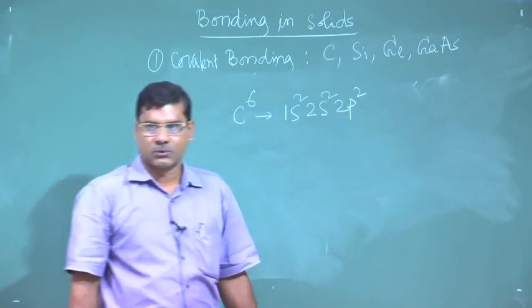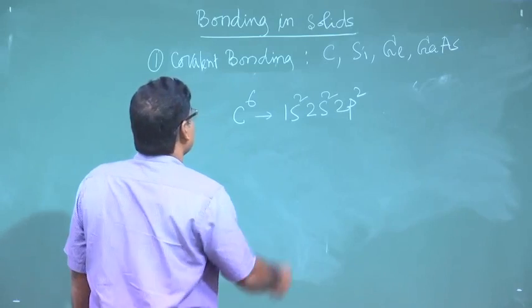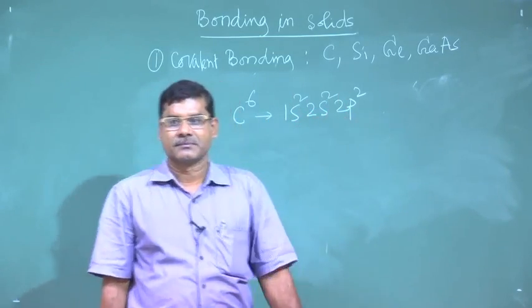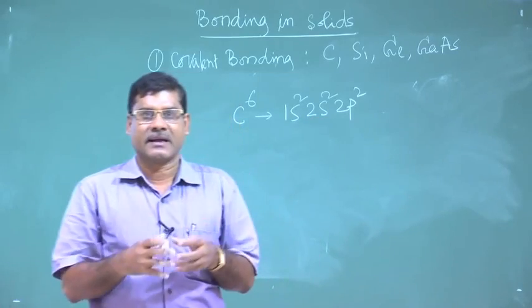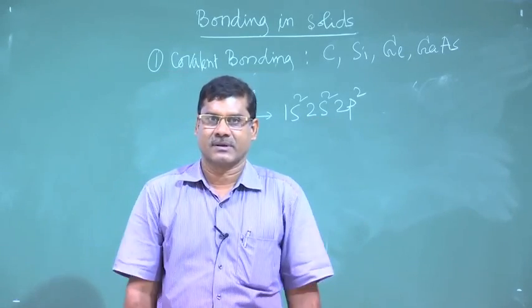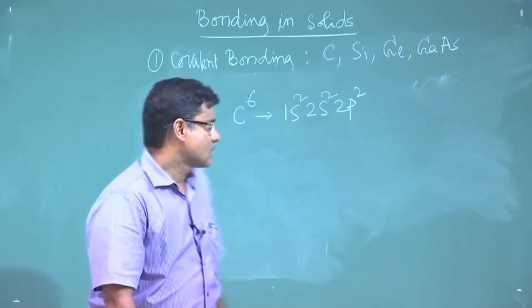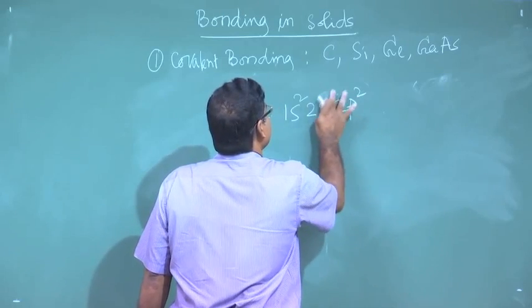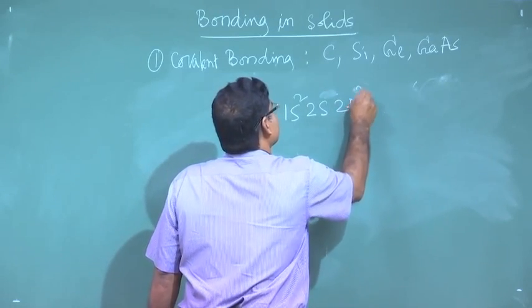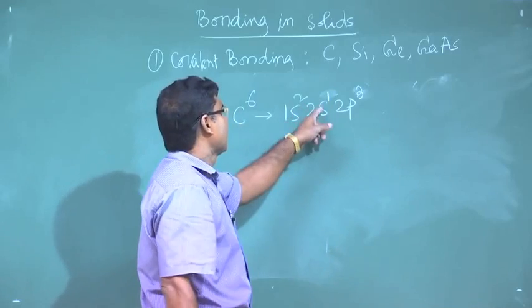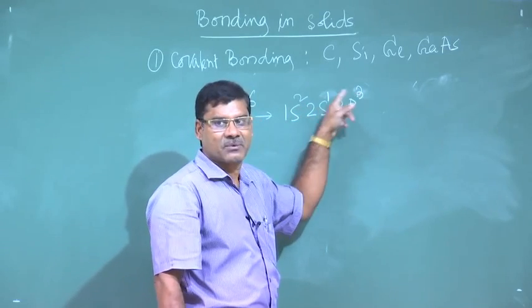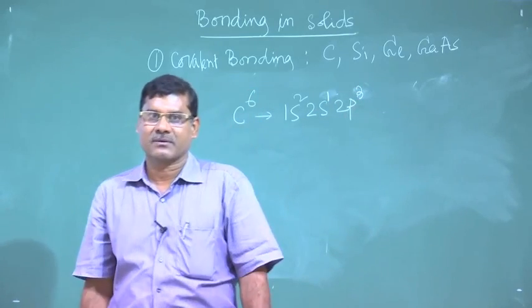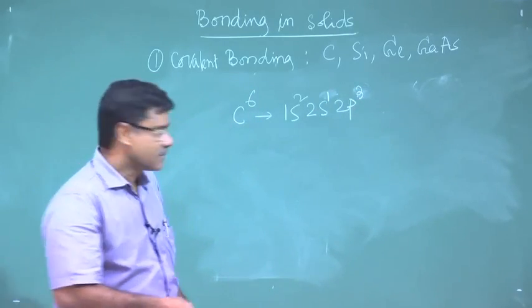Here 2s and 2p energies are almost the same, very close. So, it can take the 2s1 and 2p3 configuration instead of 2s2 and 2p2 also.